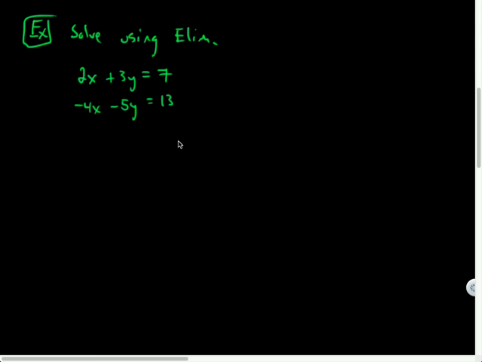All right. So there's a few steps to elimination. I think we'll do this problem with steps that I write out on the side. Step 1 for solving by elimination is line up like terms in columns.